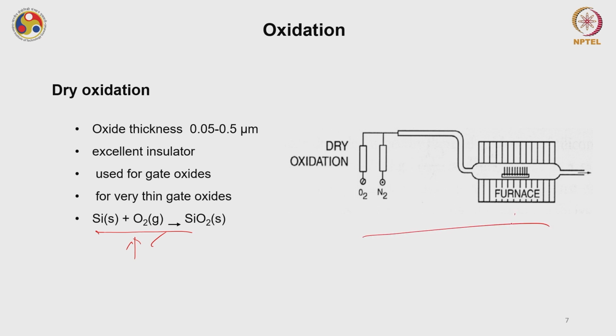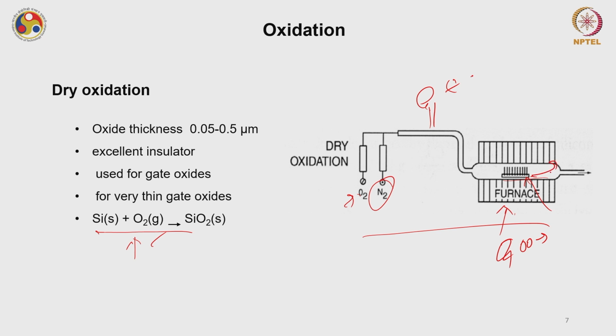This is a typical dry oxidation process. You have a tubular kind of furnace in which your wafers are vertically mounted. You have a carrier gas in the form of nitrogen, and oxygen as the reacting species. You introduce it with some control, with a mass flow controller, inside this tube, and it is heated radially at a little higher than 900 degrees Celsius, and you obtain a very thin oxide on the wafer.